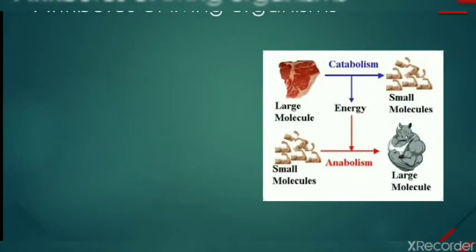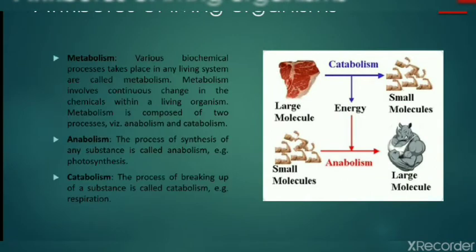The next attribute of living organisms is metabolism. Various biochemical reactions which take place in the body of living organisms are known as metabolic reactions. It is further divided into two types: anabolic reactions and catabolic reactions, or anabolism and catabolism.